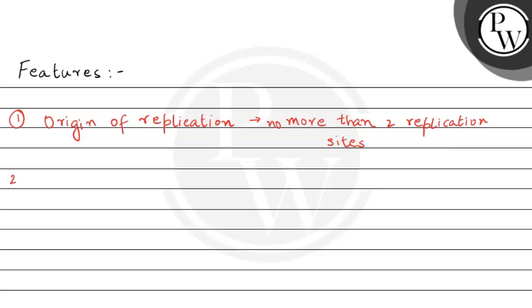The second feature which is absolutely necessary in a cloning vector is the presence of restriction sites or cloning sites. So at least one restriction site or cloning site must be present in the cloning vector.